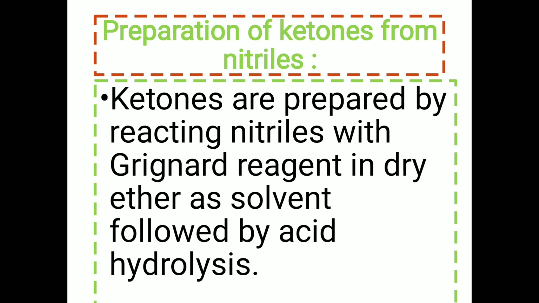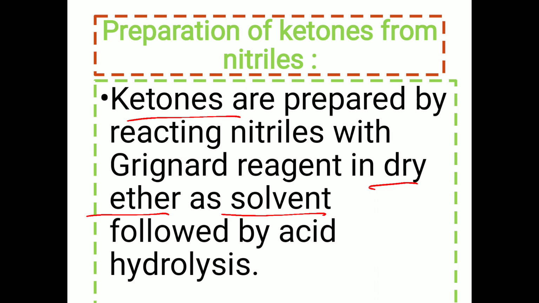Now the second one is the preparation of ketones from nitriles. That means preparation of aliphatic ketones by using Grignard reagent. For preparation of ketones from nitriles, we use the Grignard reagent as a raw material, in dry ether as a solvent.